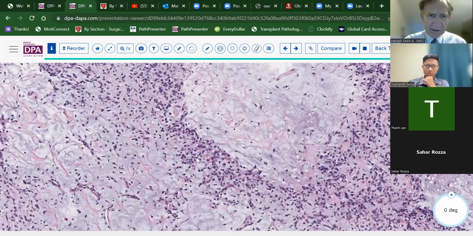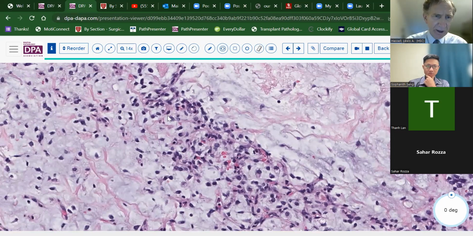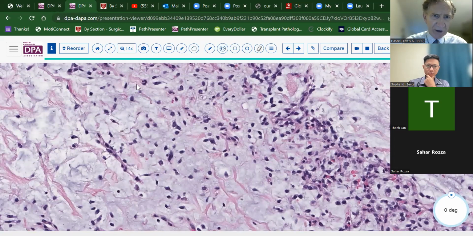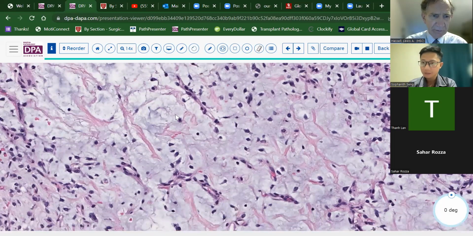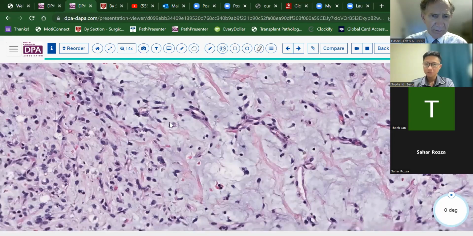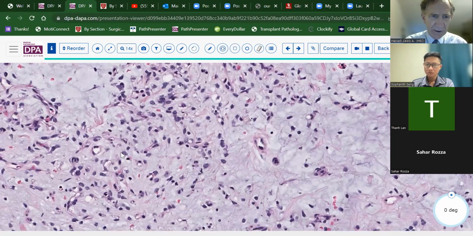Now we can look and see kind of what the degree of atypia is in this lesion. And I think we can appreciate that there's actually a fair amount of atypia in this lesion. Some rather large nuclei in this situation. Quite a vascular background for a myxoid lesion. So this is not just a simple myxoma by any means.